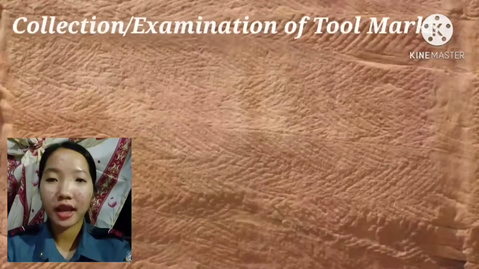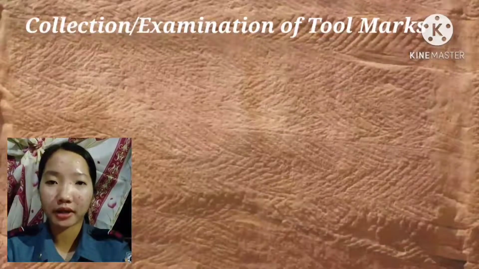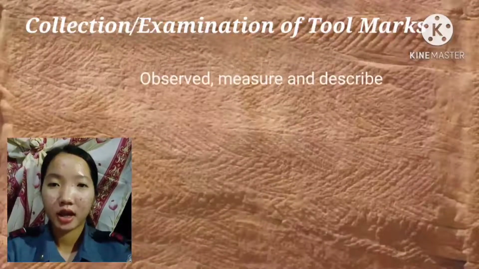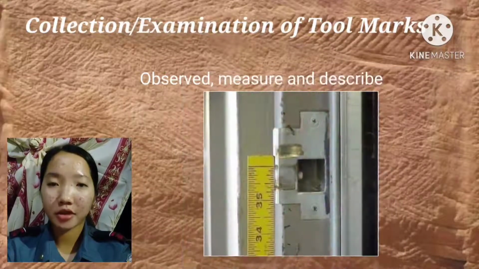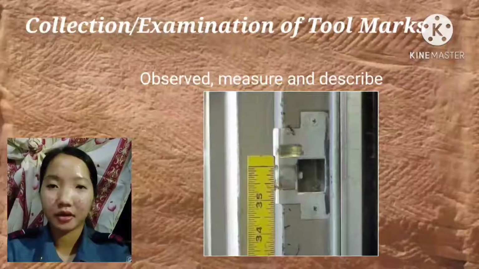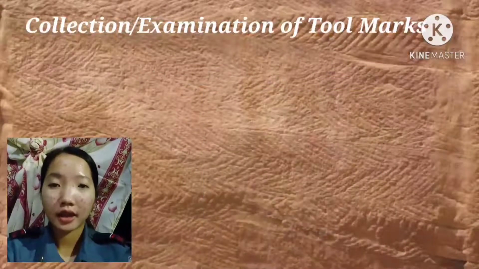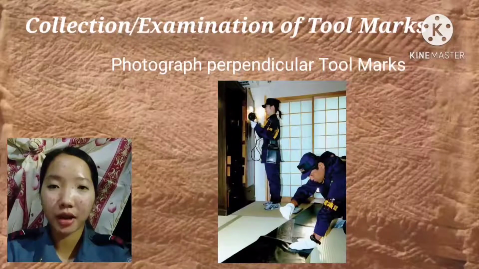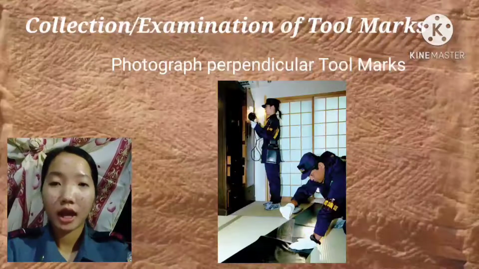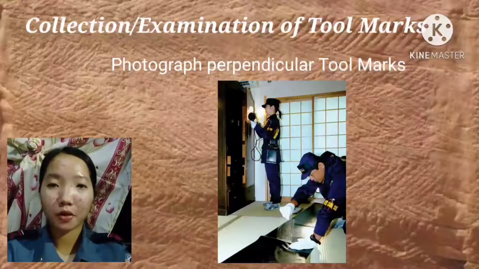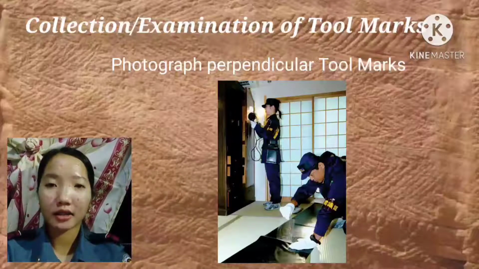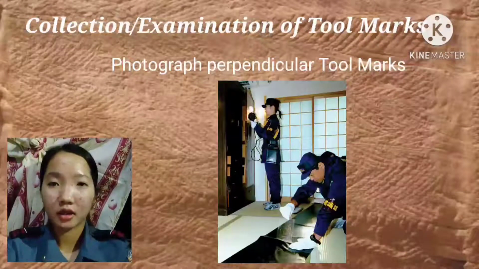And for the last, we have the collection and examination of tool marks. So first is the tool marks are observed, measured, and described. Second is dapat picturean ang perpendicular tool marks dahil ito ay nagpro-provide ng permanent record ng characteristics ng tool marks.